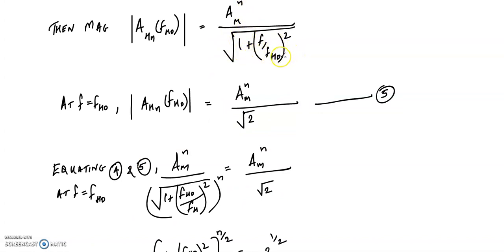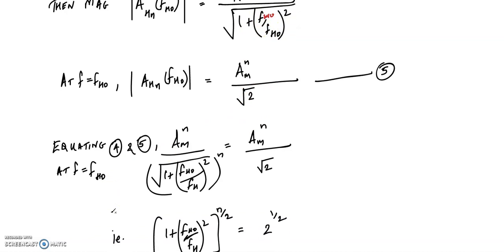At f equal to FH naught, if you substitute, it becomes 1 plus 1, and this becomes root 2 as we said earlier. Equating these two, equations 4 and 5: Am whole raised to n by (root of 1 plus (FH naught by FH) the whole square) whole raised to n is equal to Am whole raised to n by root 2.